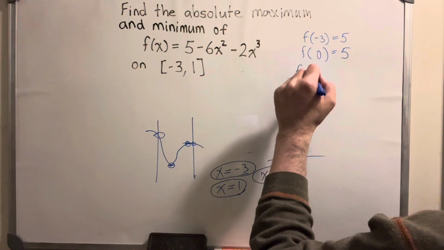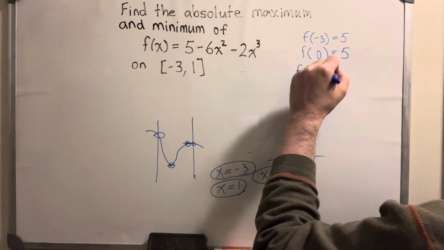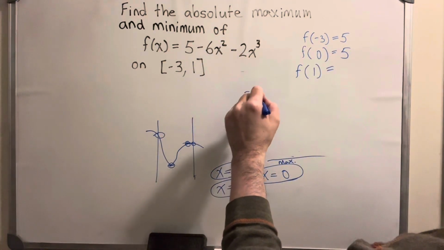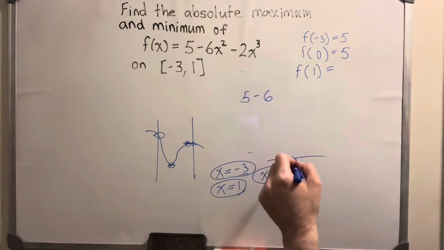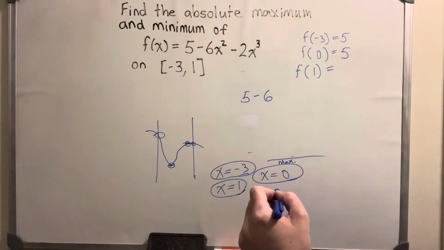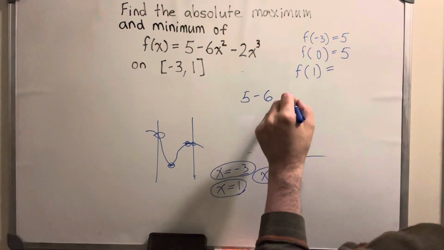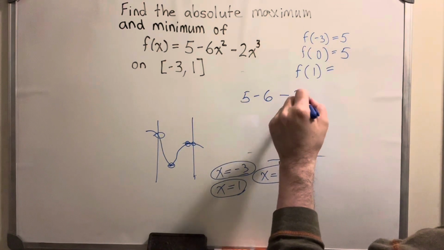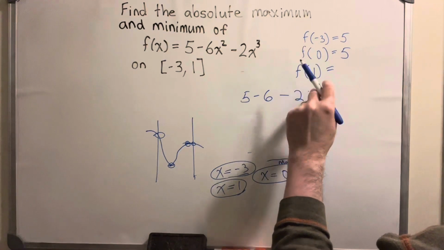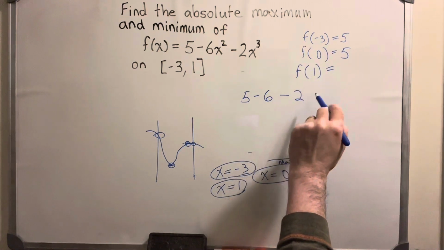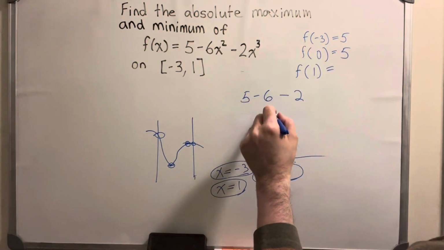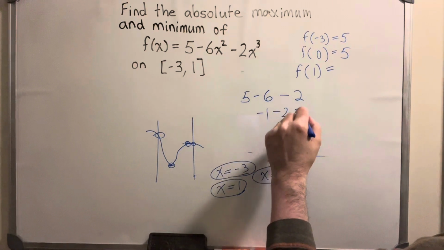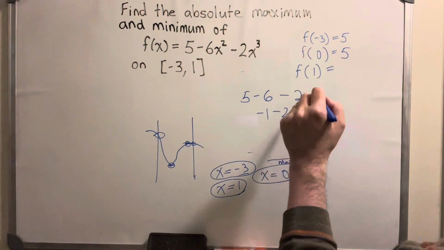How about f of 1? 5 minus 6 times 1, 1 squared is 1. 5 minus 6 minus 2 times 1, 1 cubed is 1. 5 minus 6 is negative 1. Negative 1 minus 2 equals negative 3.